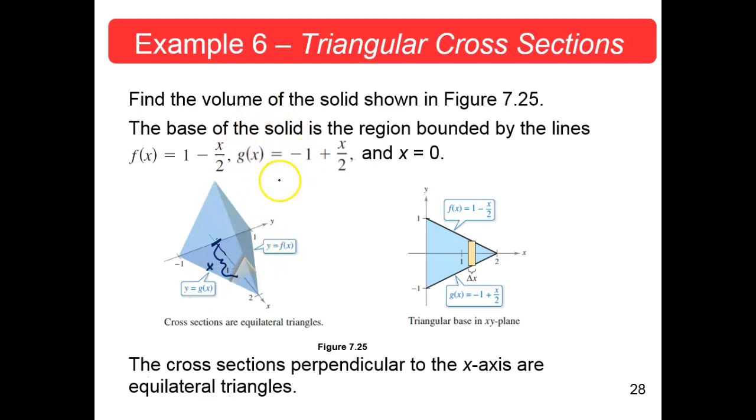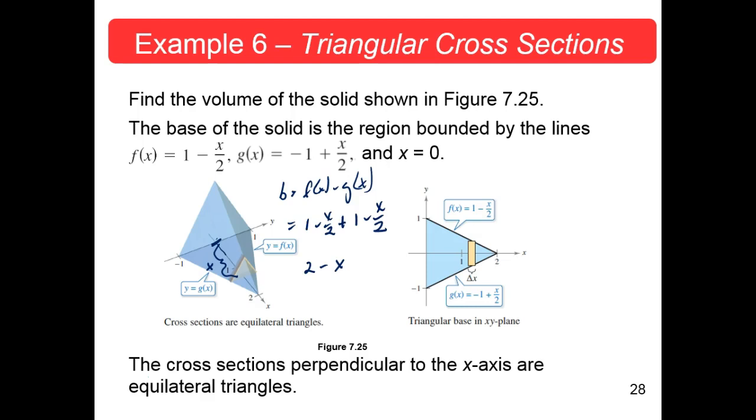So your base of that equilateral triangle is f of x minus g of x, which will be 1 minus x over 2 plus 1 minus x over 2, which would be 2 minus x. That's the length of the base here, no matter what value of x you are.